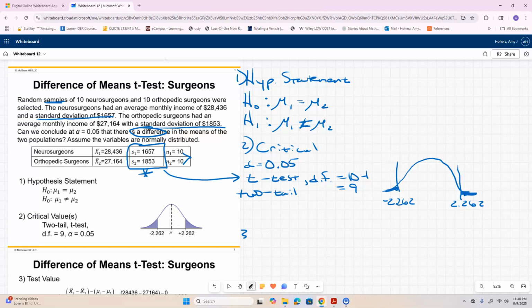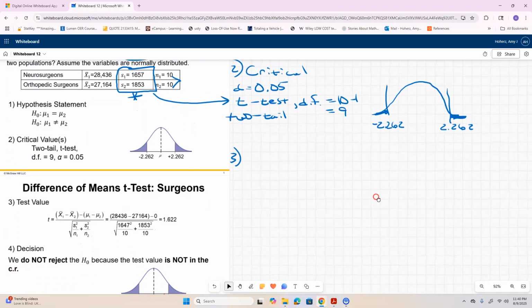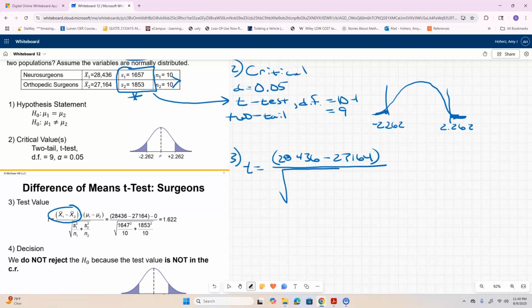So now we're ready for our formula, which again is almost identical to the other formula, just with t's and s's. So we have x bar 1 minus x bar 2, which is 28,436 minus 27,164. Then we're going to divide by the square root.